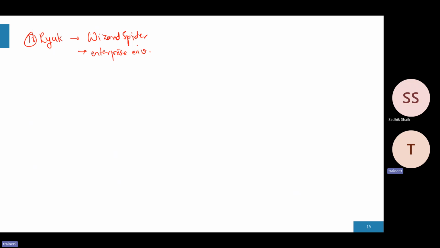The Ryuk and Hermes ransomware: Ryuk was derived from the Hermes source code. Hermes was another kind of ransomware attack, and Ryuk was inspired by and derived from it. Hermes is more like the commodity ransomware that you had.